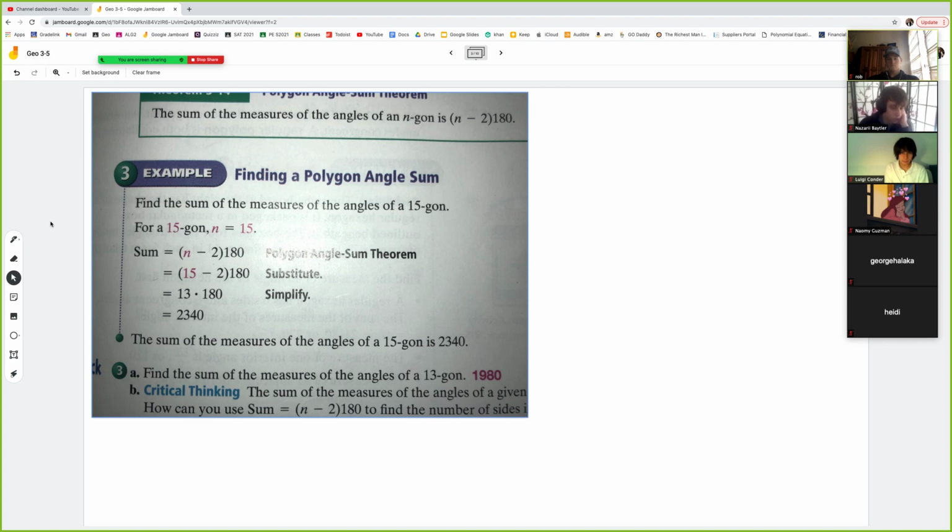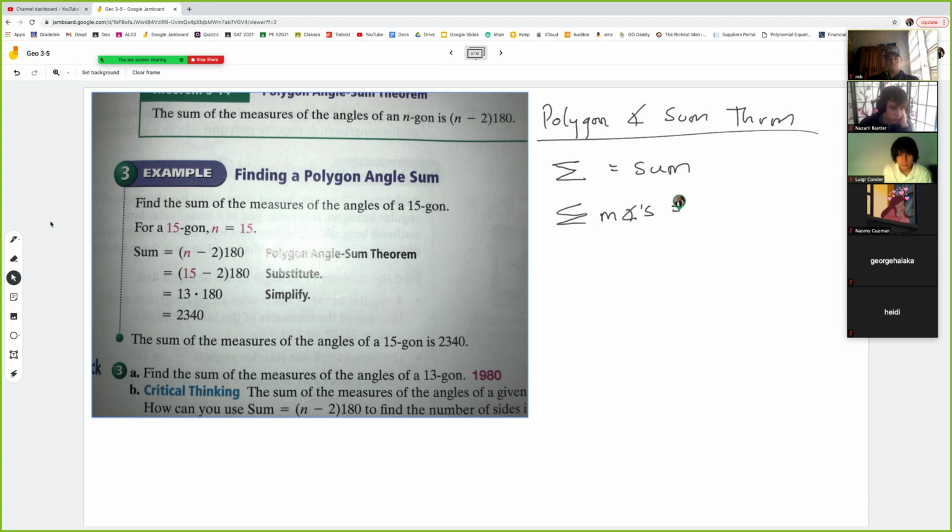Polygon angle sum theorem. What does this say? It means sum, okay? So the sum of the measure of the angles is equal to n minus 2 times 180, where n is the number of sides, sorry.